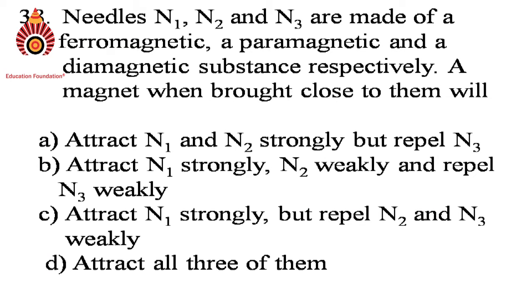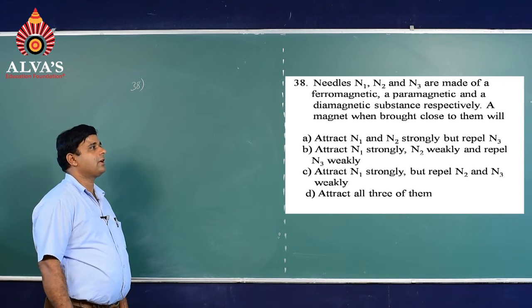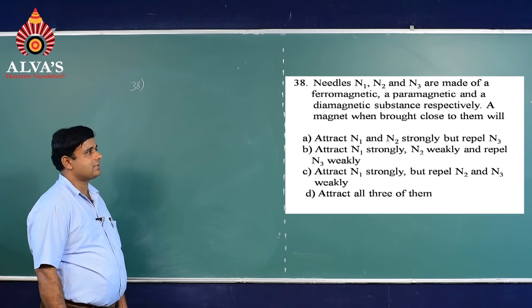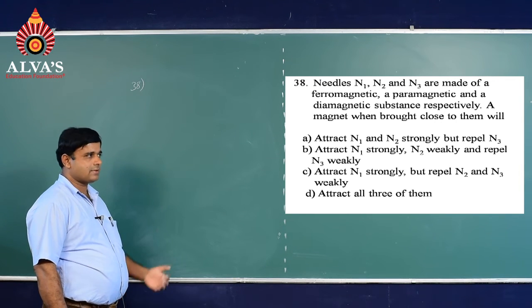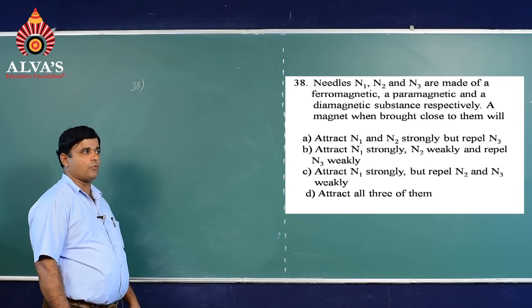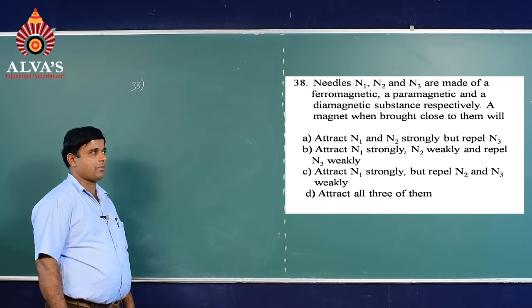Needles N1, N2 and N3 are made of a ferromagnetic, paramagnetic and diamagnetic substance respectively. A magnet when brought close to them will be? Whenever a magnet is brought close to a ferromagnetic material, it gets magnetized strongly. Para, it gets attracted weakly. Dia, it is repelled by the diamagnetic material.